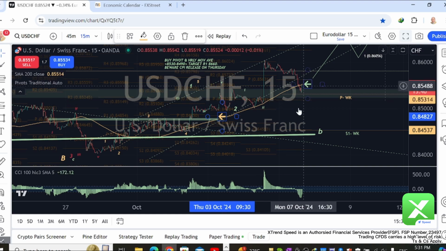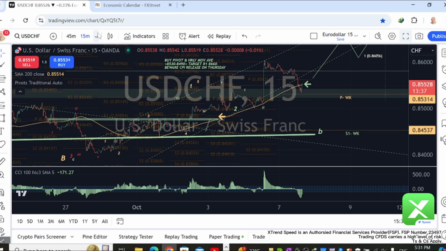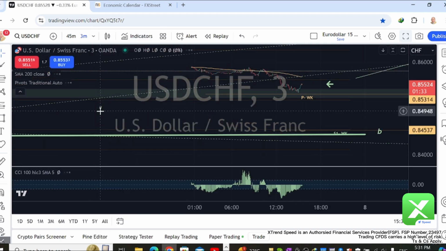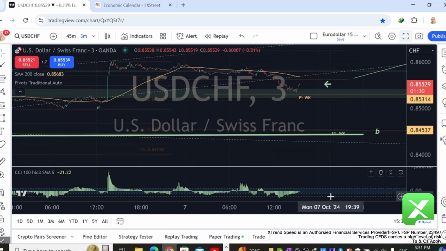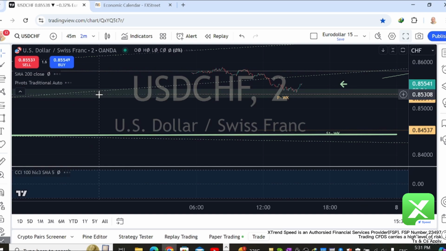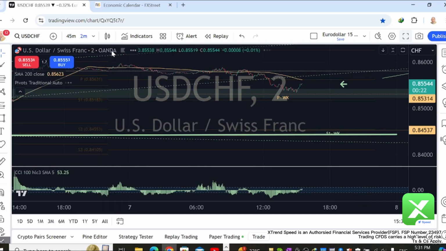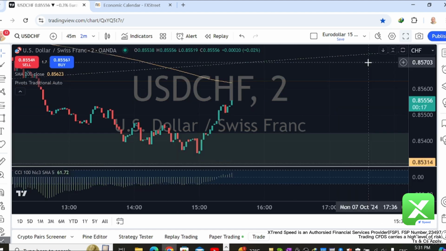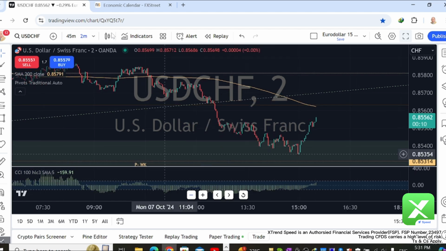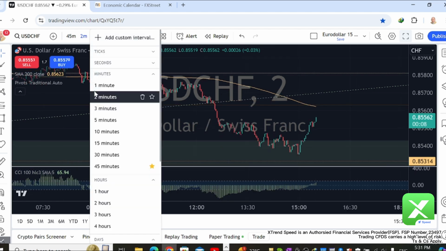Okay, so let's see if we have momentum reversal on the feeds. The most minor feeds are going to be the 3 and the 2. We don't really have that yet, but we are at the right level, and we have cycle extremes on 3 minutes. We have cycle extremes on 2 minutes. We don't yet have any positive momentum. But we can see reversal, so we take the trade.